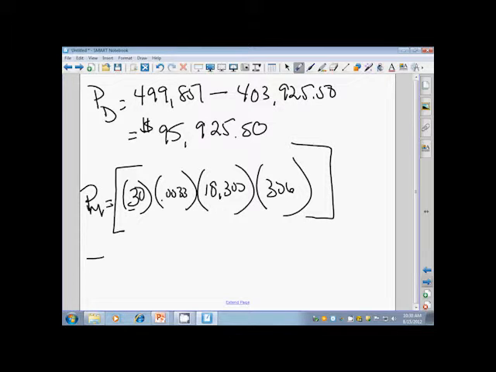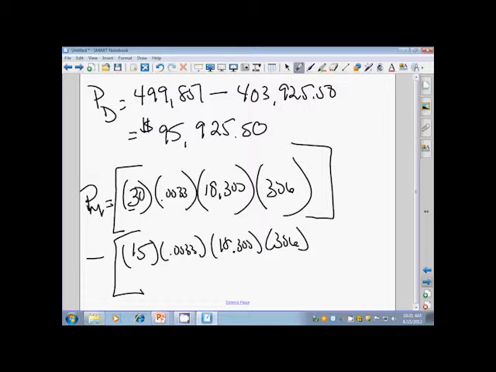From that, I want to subtract my variable cost, which is going to be 15 times 0.0033 times, again, the traffic count for the mall, which was 18,300 times the number of days, 306, that it will be open.